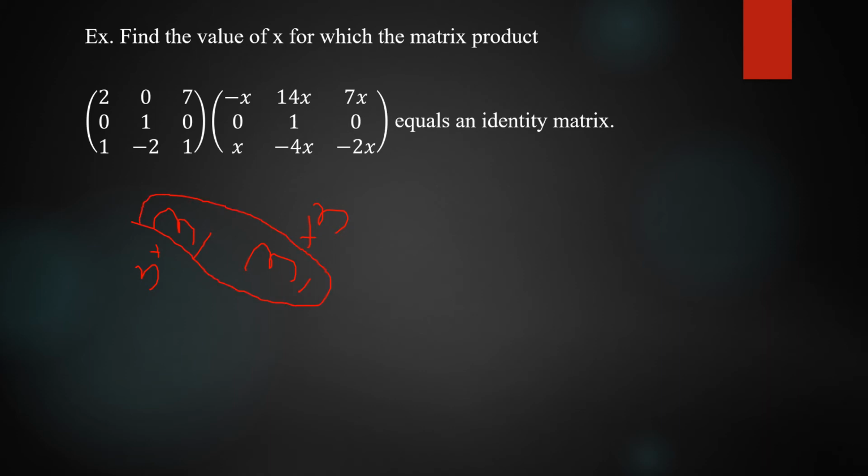Then the new matrix, that is the product, is 3 by 3. The new matrix is an identity matrix, as it is given. So the identity matrix must be of order 3 by 3. Let me erase this one.